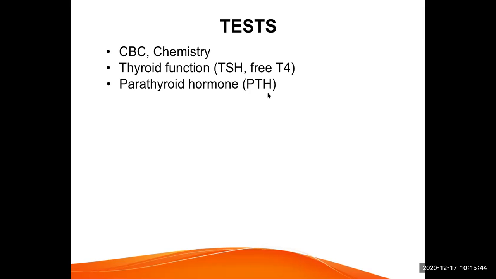Then when they go for this thyroidectomy, accidentally the blood supply to the parathyroid gland may be interrupted, or sometimes even the parathyroid gland may be accidentally removed. Okay, so to check for the status of the parathyroid gland, we can check parathyroid hormone. This is one explanation you can give.